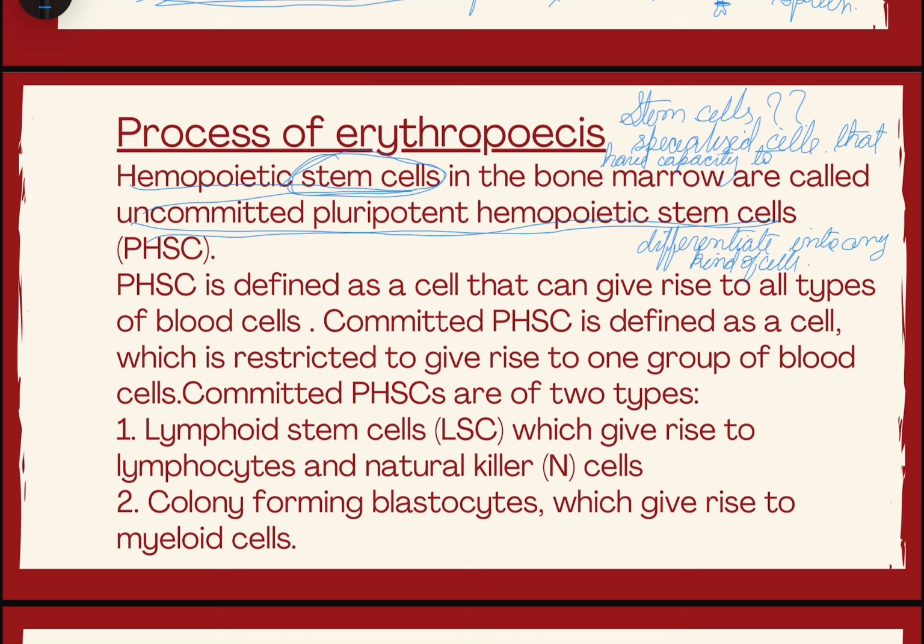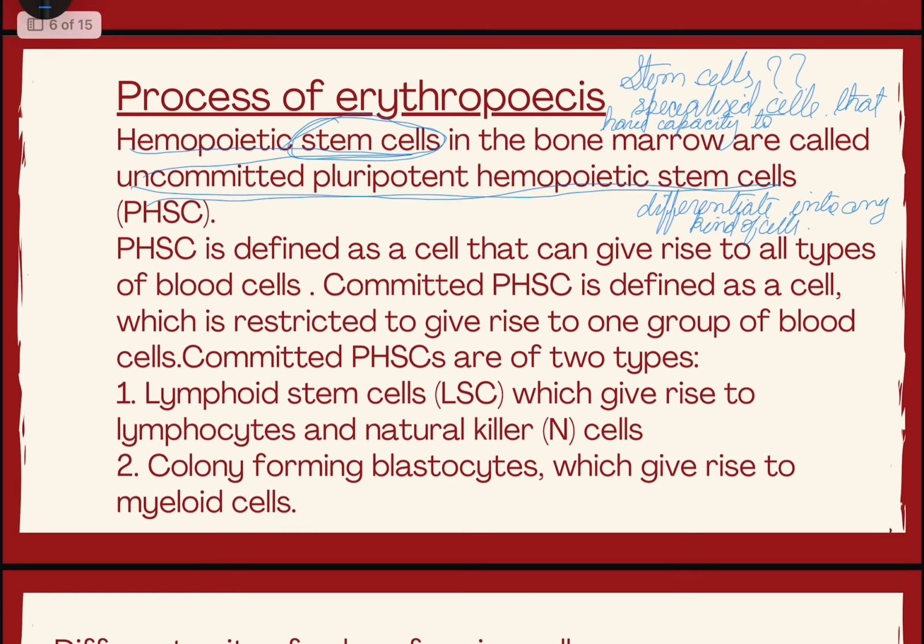As I told, the stem cell can give rise to any of these things. For example, it can give rise to erythrocytes, and it can also give rise to leukocytes. When it gives rise to erythrocytes, it will be known as the hemopoietic stem cell.